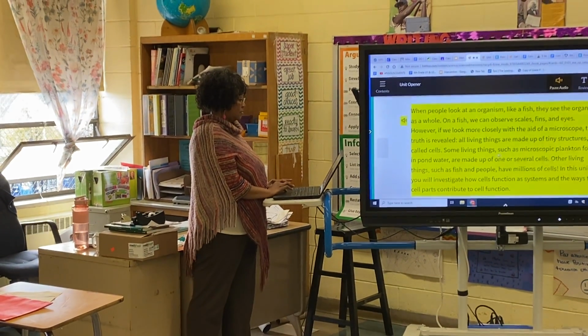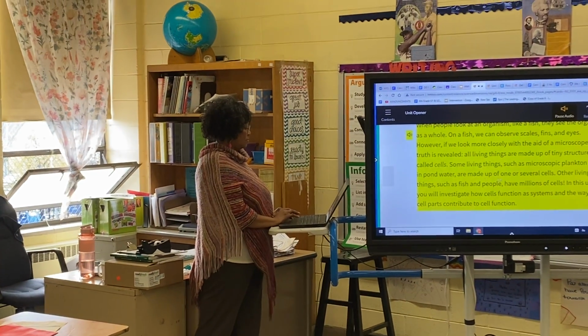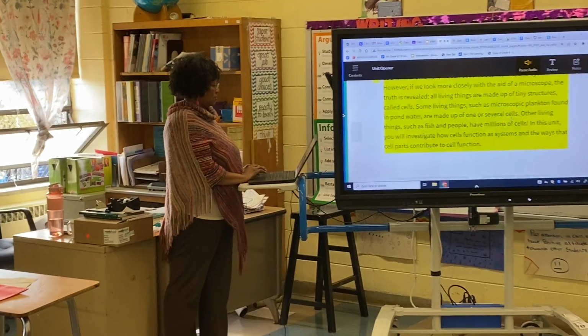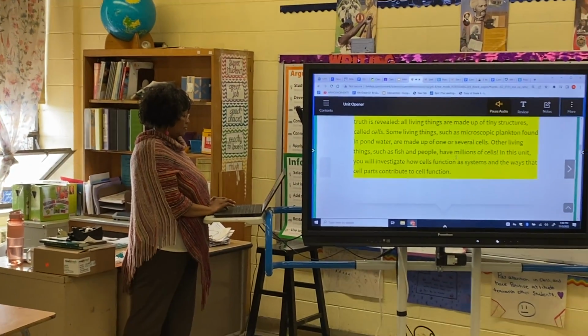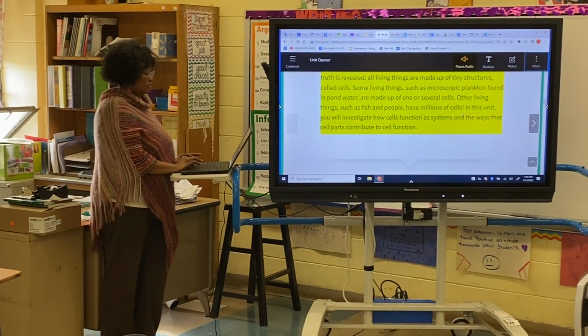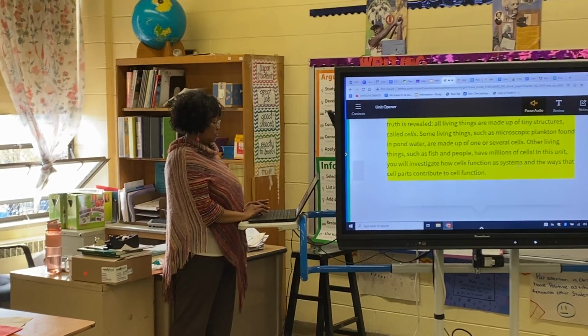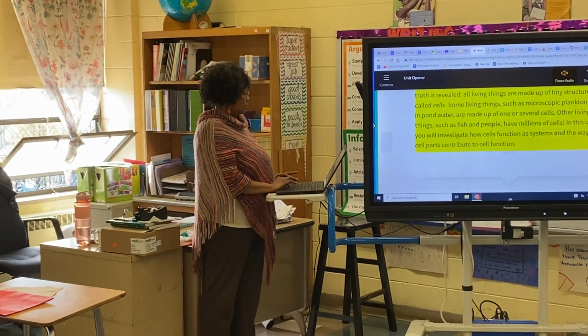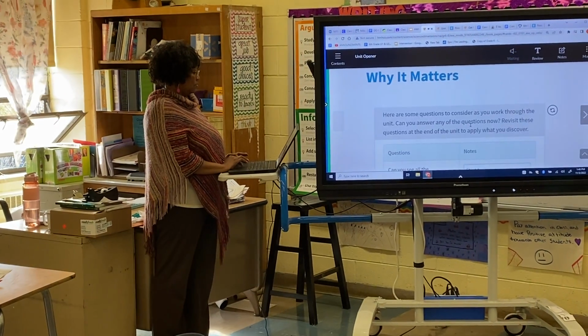Some living things, such as microscopic plankton found in pond water, are made up of one or several cells. Other living things, such as fish and people, have millions of cells. In this unit, you will investigate how cells function as systems and the ways that cell parts contribute to cell function. Why it matters.